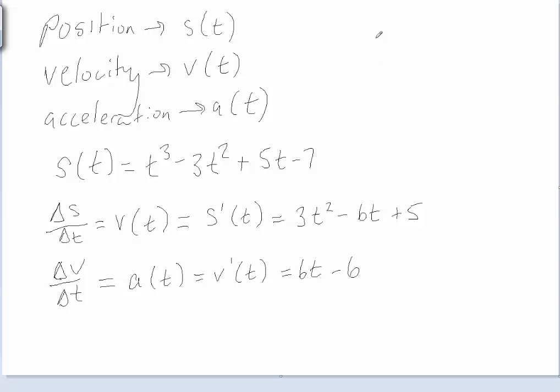So velocity is the derivative of position, and acceleration is the derivative of velocity.